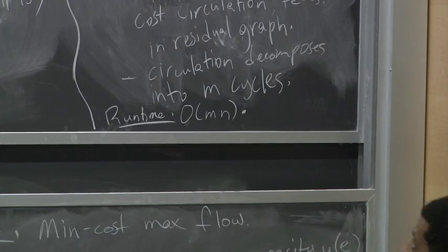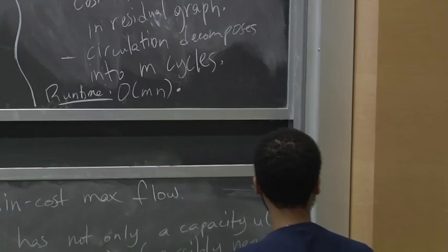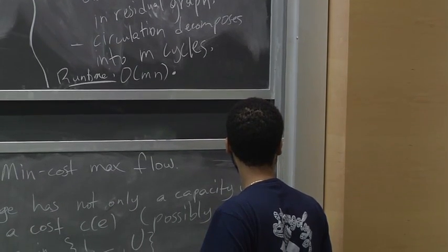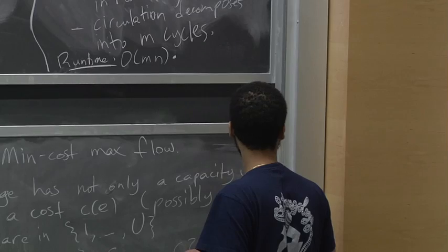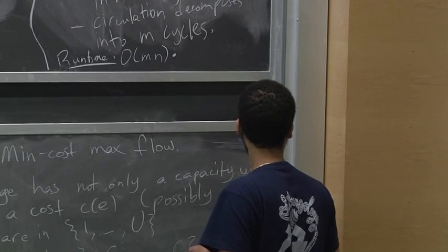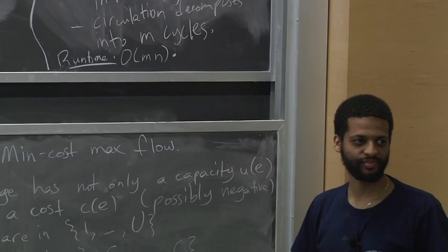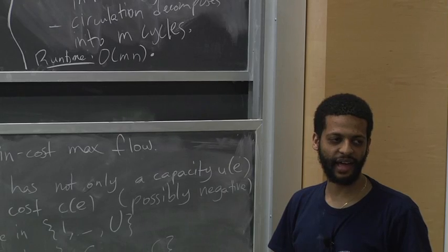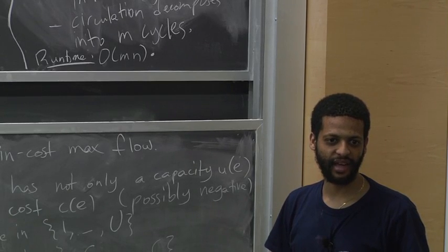MC. Let me think. Is that right? Yeah, because you're saying we decrease the cost by at least 1. So I think you need to add something else there, not just MC, but MUC maybe.